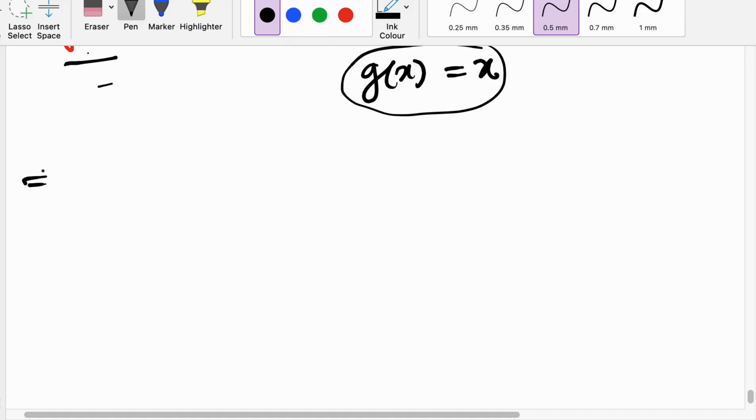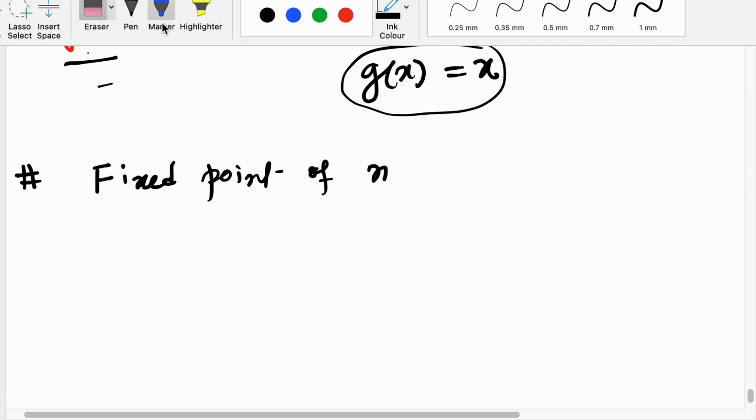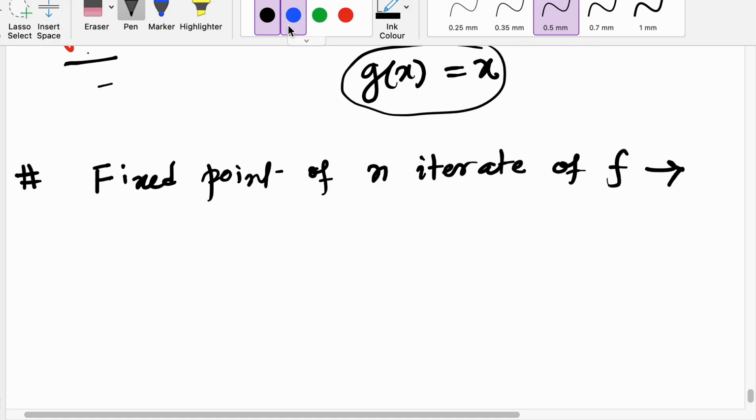If I want to know the fixed point of the nth iterate of f, we have to solve this equation.